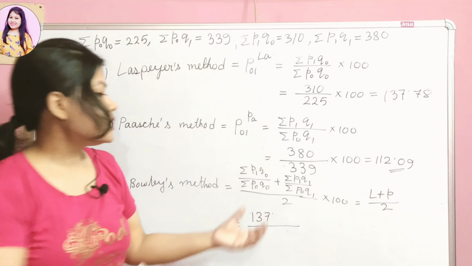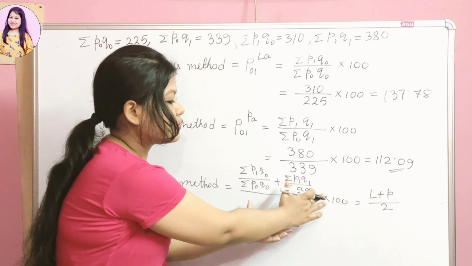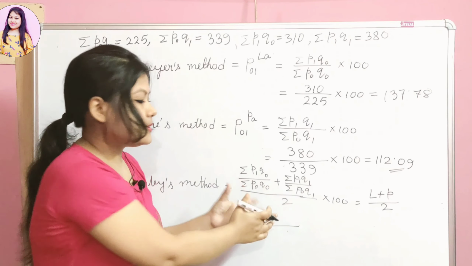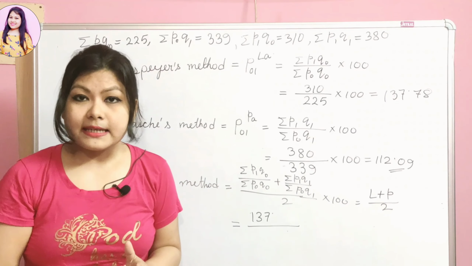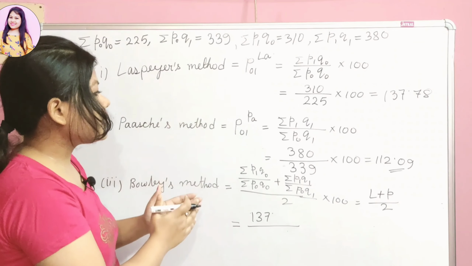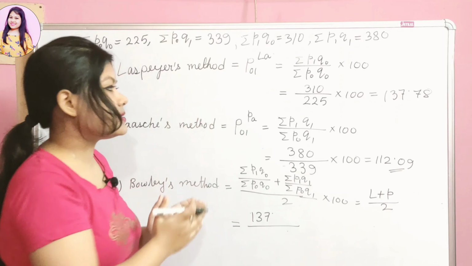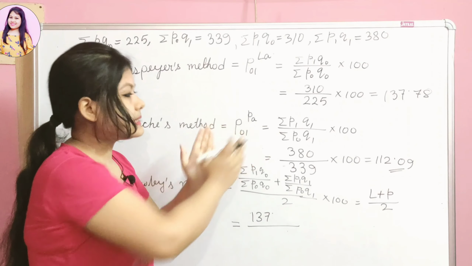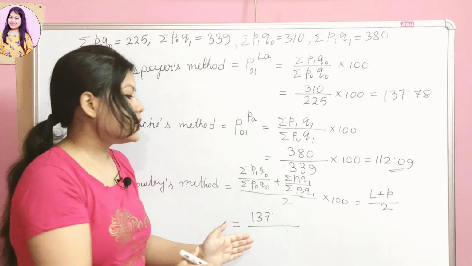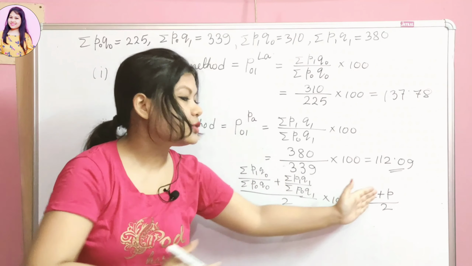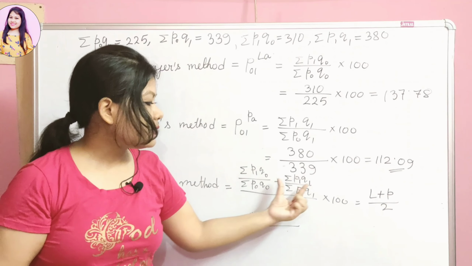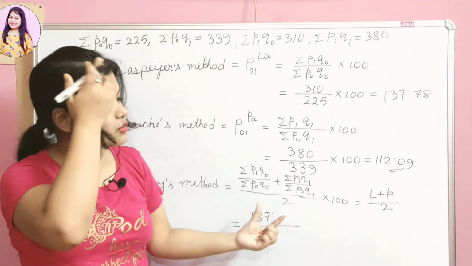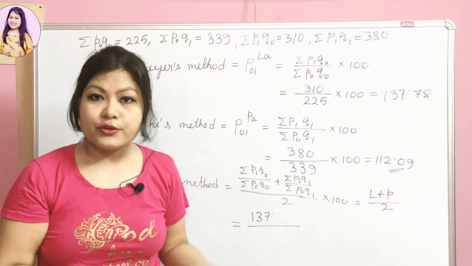If you want, you can also use this formula, manually substitute the values and you can find out the required index number. But we have already found out the Laspeyres' index number and Paasche's index number. Therefore here I am directly substituting these values.